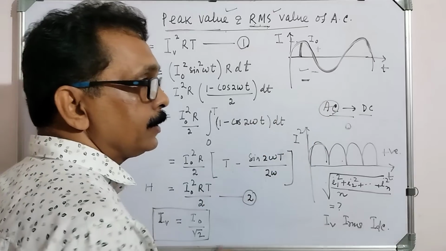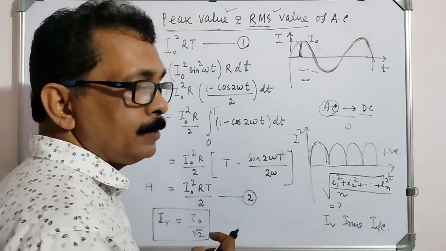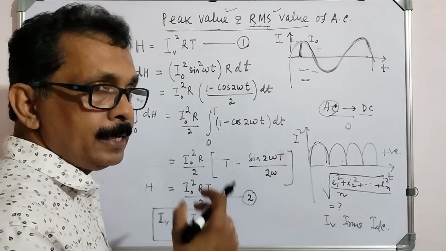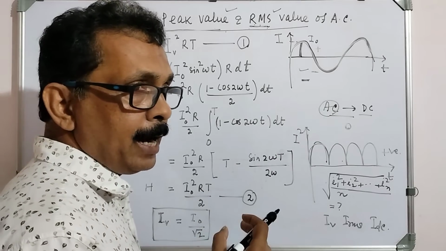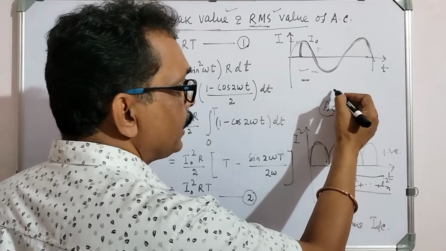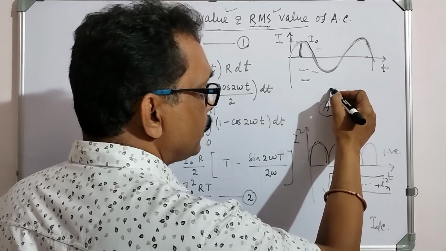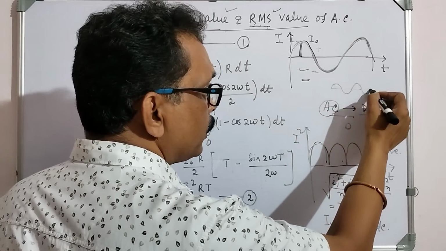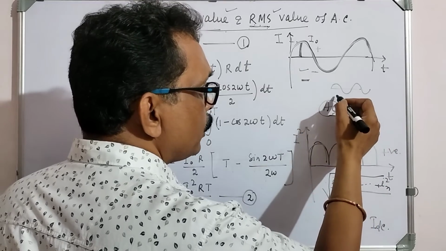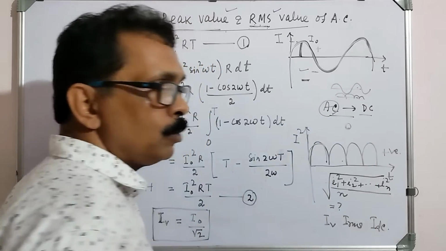AC and DC act in electric fields or in electrical circuits in different ways. If you allow AC to pass through a conductor, and to the same conductor you allow DC to pass, then the behavior will be different.